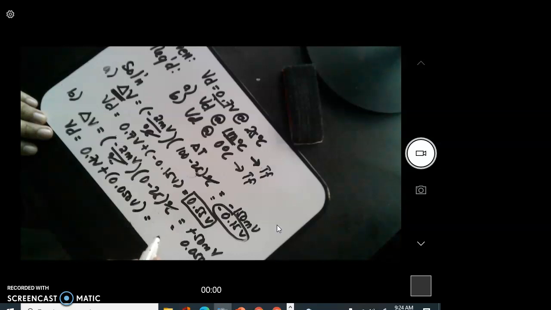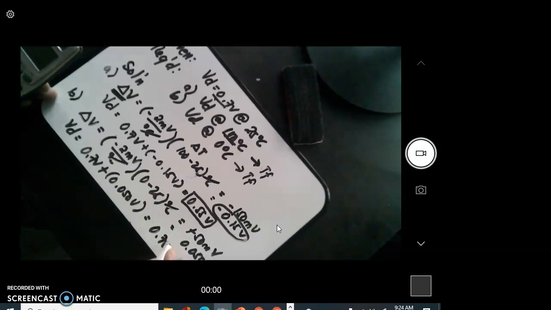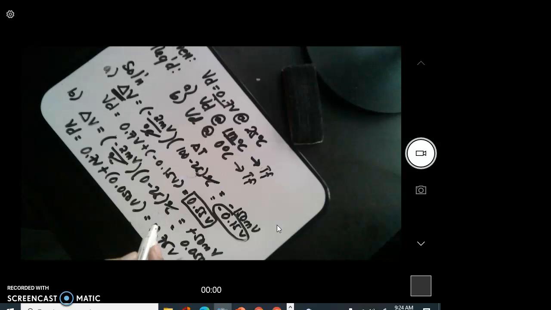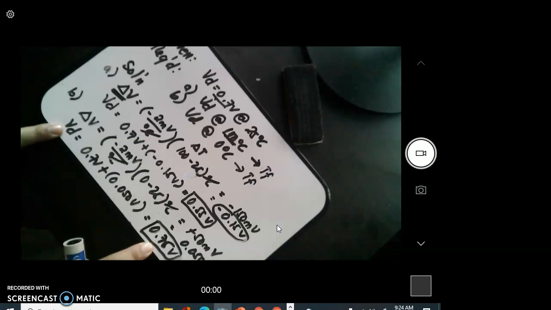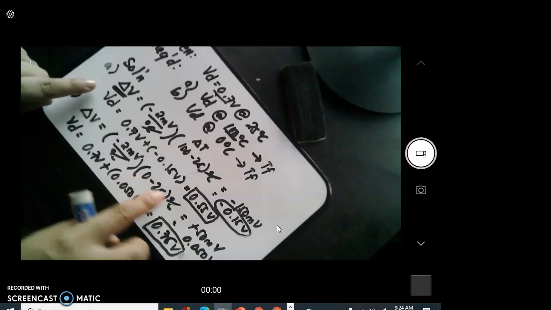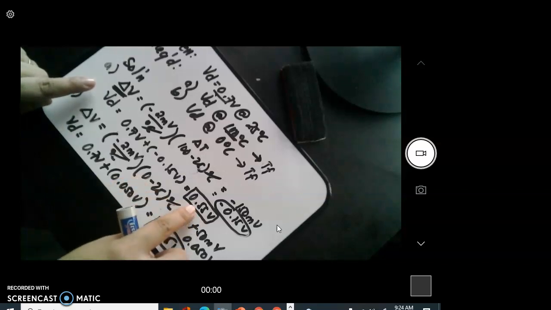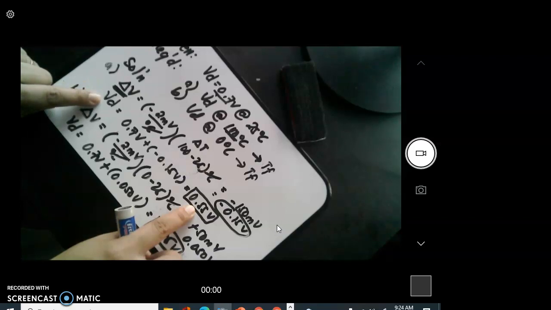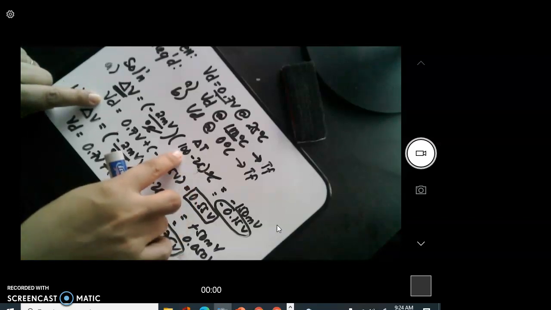So this becomes 0.75 volts. So, what did you observe? It simply follows that there is an increase of barrier potential when your final temperature decreases. There is a decrease of barrier potential when your final temperature increases.